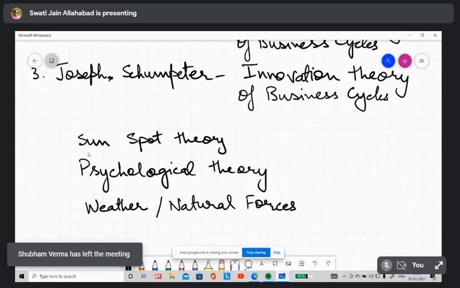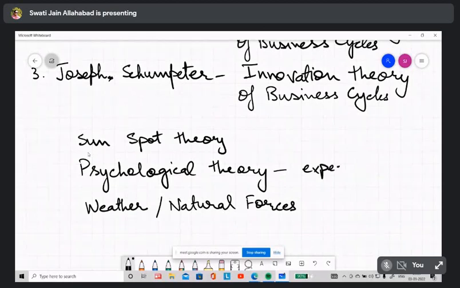Psychological theory is basically the expectations or the behavior of human beings. So in the previous time periods, in the ancient time period, people were behaving differently in different time periods. Sometimes people are more involved in economic activities, sometimes they are not.